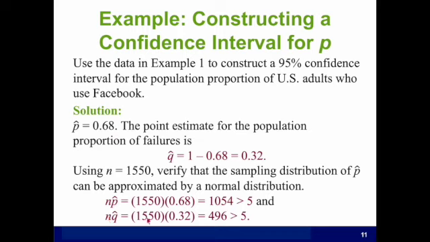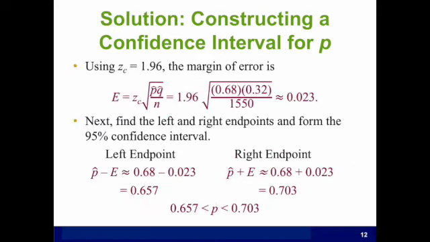So then we know that the distribution of the sample proportions is going to be approximately normal, and the mean of that distribution is going to be the population proportion, and the standard deviation can be approximated by this formula here.